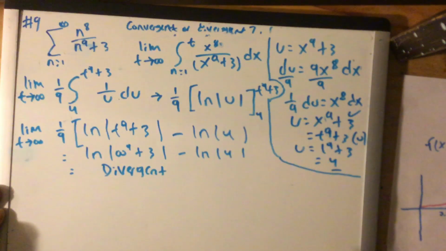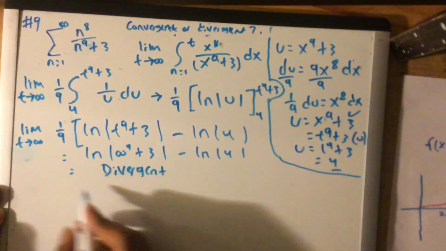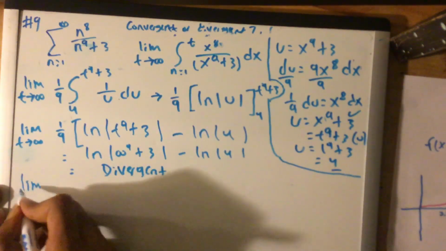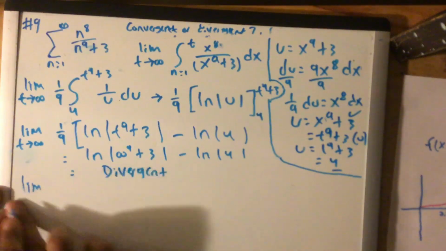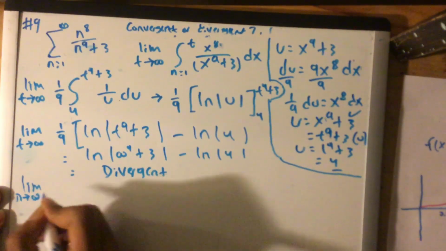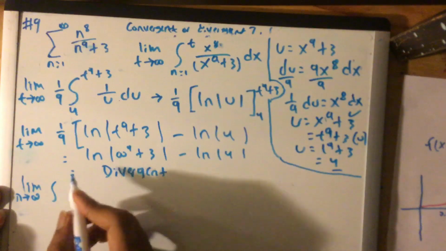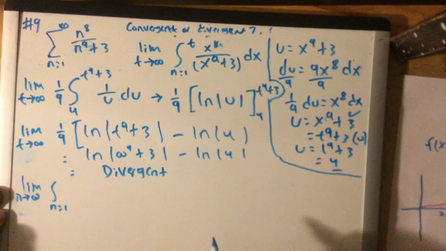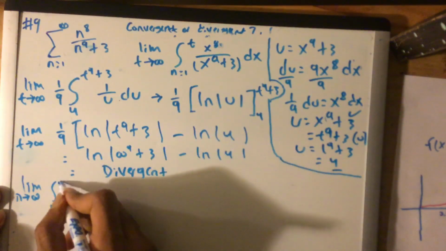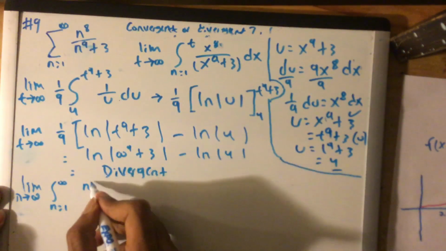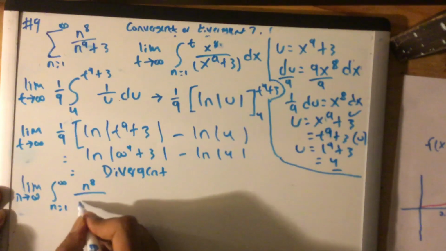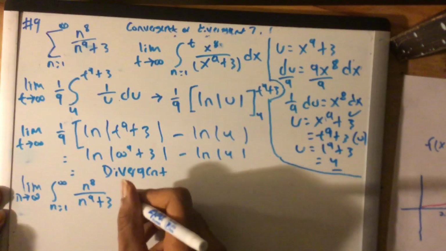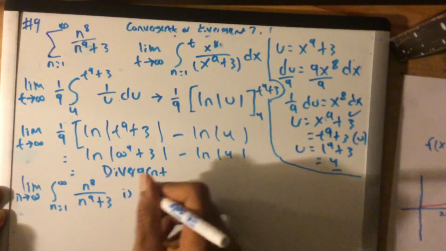So what we just proved is that our limit, as n approaches infinity of the integral from 1, is infinity. Our original integral is divergent.